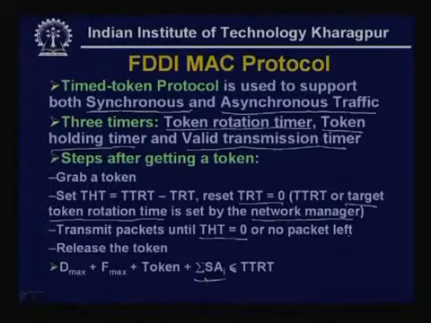All these parameters are added together, and the sum must be less than TTRT, the target token rotation time, which is usually set by the network manager. So, by using this kind of timed token protocol, asynchronous and synchronous traffic is supported by FDDI.